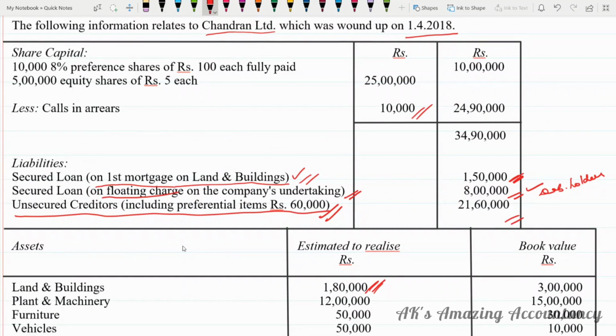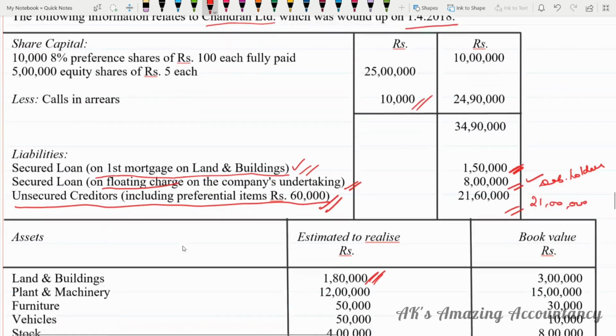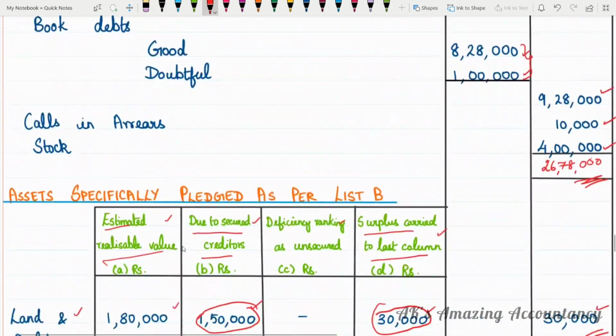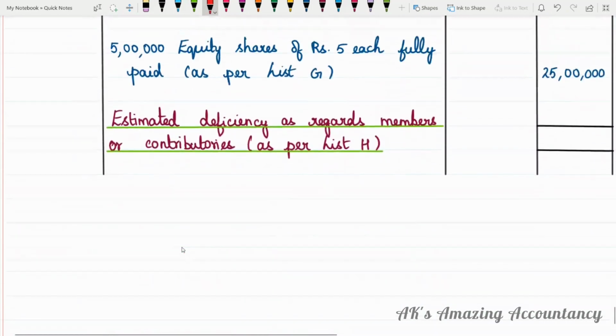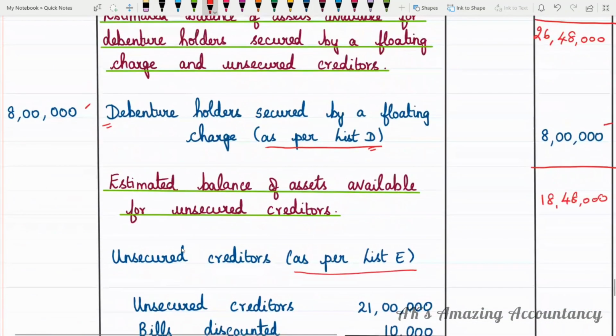So 21 lakh 60,000 minus 60,000, actually unsecured creditors is how much? 21 lakhs. So that 21 lakhs will be shown now. Just see here, unsecured creditors 21 lakhs.